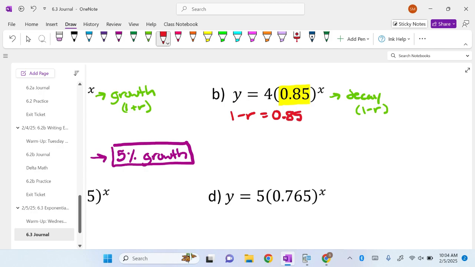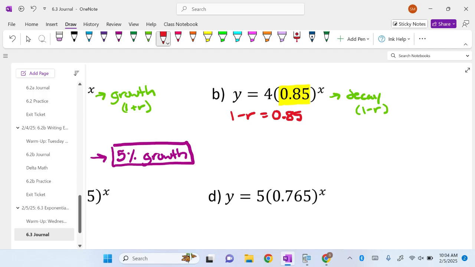So what would be the most simple way to figure out what my r value is? Not necessarily add 1. It has to deal with subtraction. But what from what? Think about it.